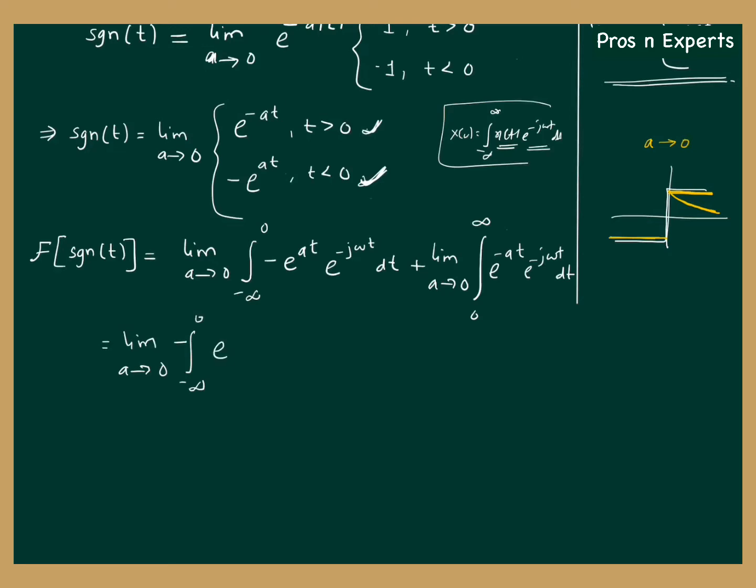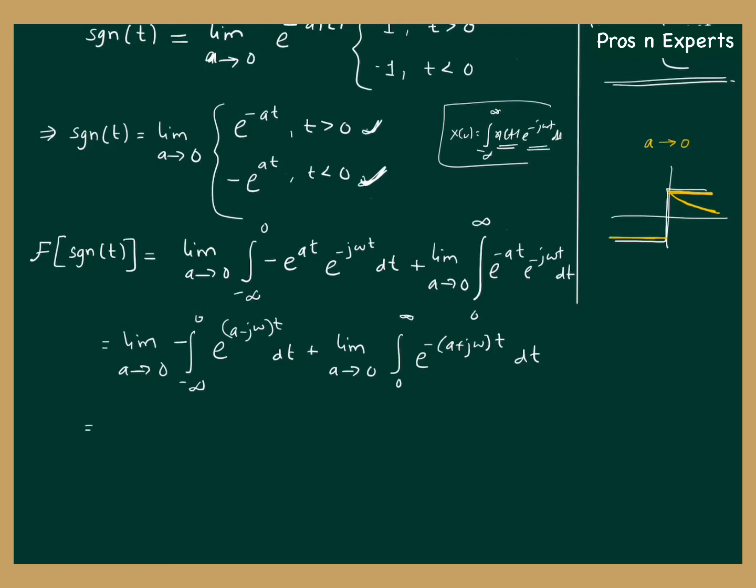So this becomes e raised to a minus j omega t dt plus again limit a tends to 0, integral 0 to infinity. I can write this as e raised to minus of a plus j omega t dt. Right.